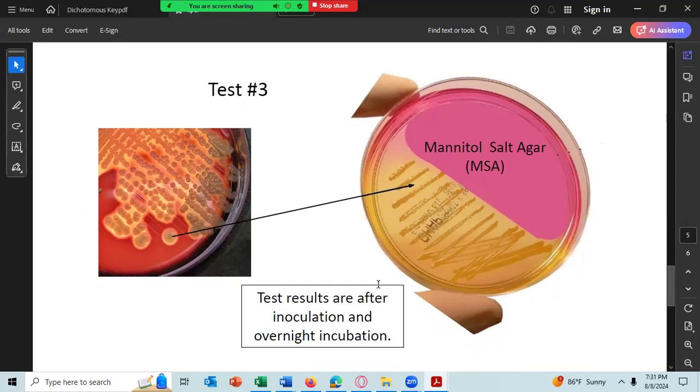And then they did another test. They took this bacteria and streaked it on mannitol salt agar. The bacteria can grow on mannitol salt agar, and it's doing something to the mannitol salt agar plate, because this is the color of the plate with the bacteria. It's the color of the plate without the bacteria.